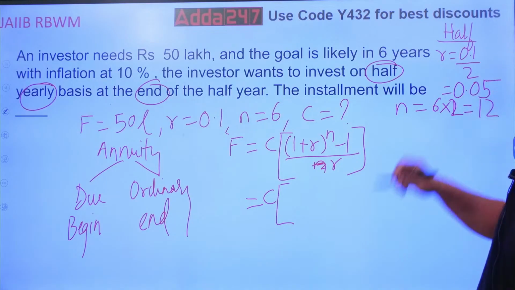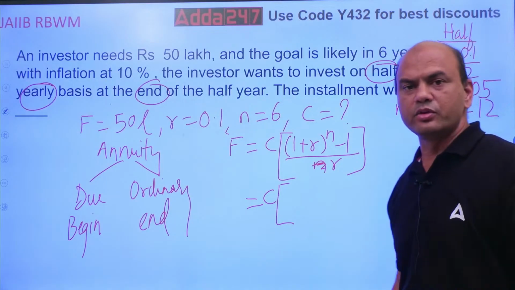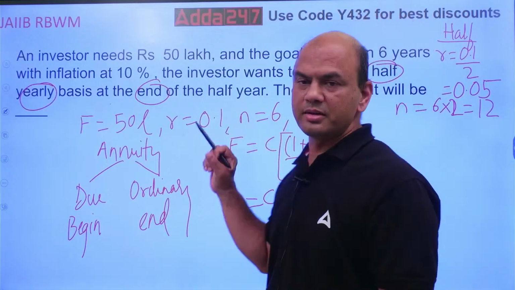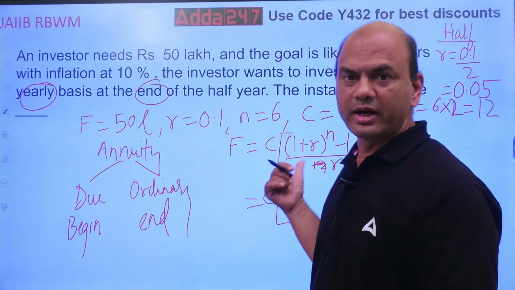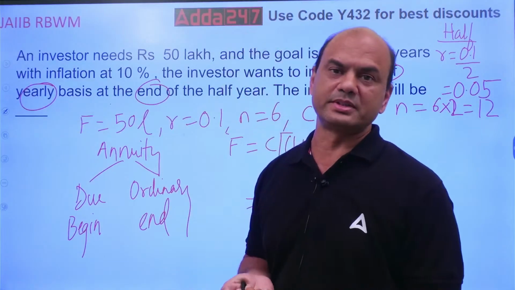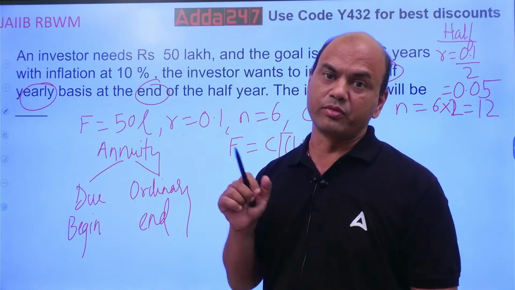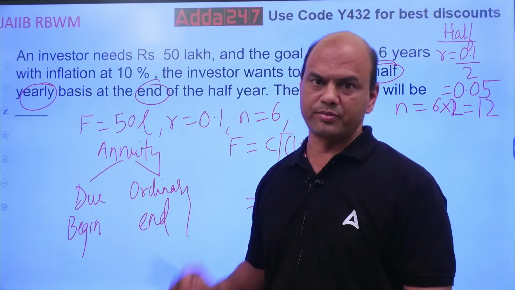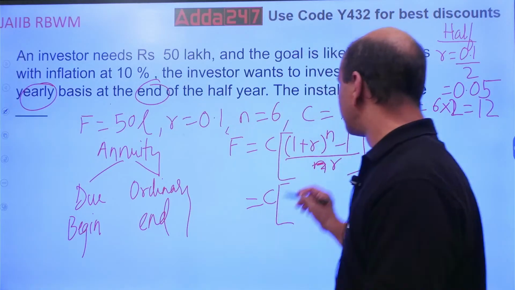So N equals 12. Whenever you are doing this on a half-yearly basis, you have to divide R by 2 and multiply N by 2. For a quarterly basis, divide R by 4 and multiply N by 4.